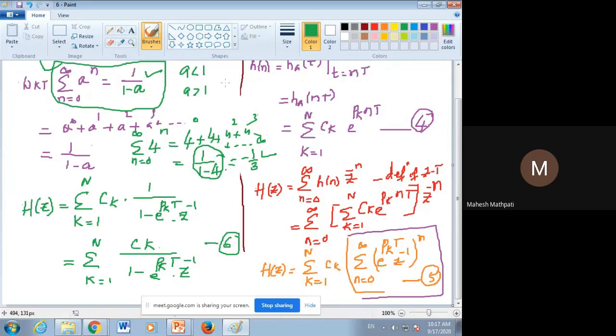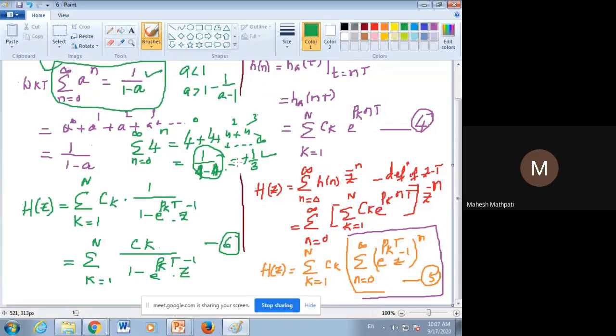If a is greater than 1, we write it as 1 divided by a minus 1. So it should be 4 minus 1, so we get plus 1 by 3. Yes or no? Is that clear now?